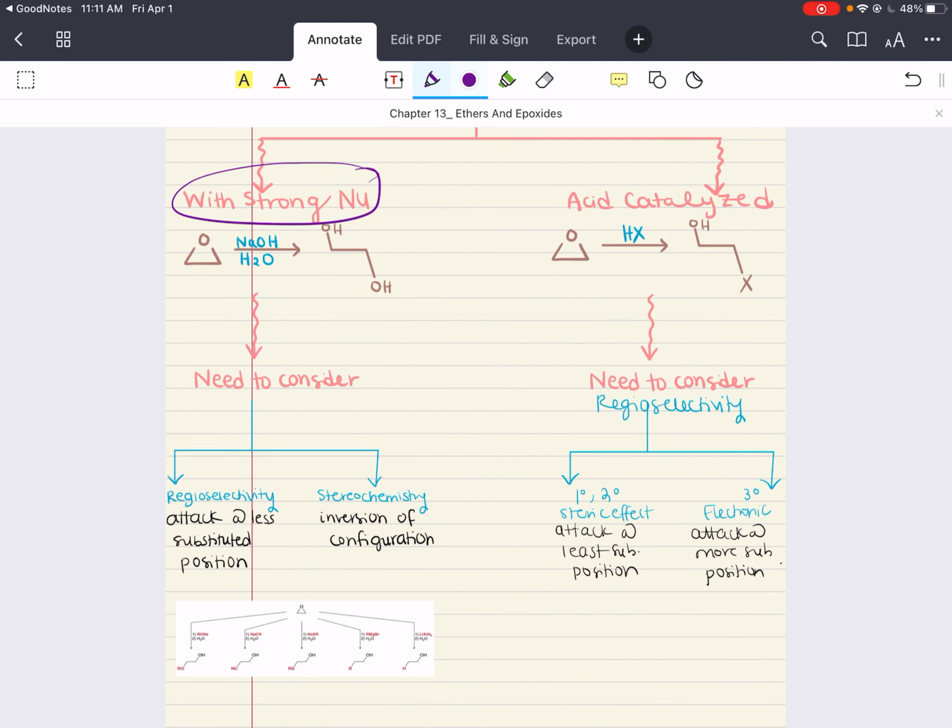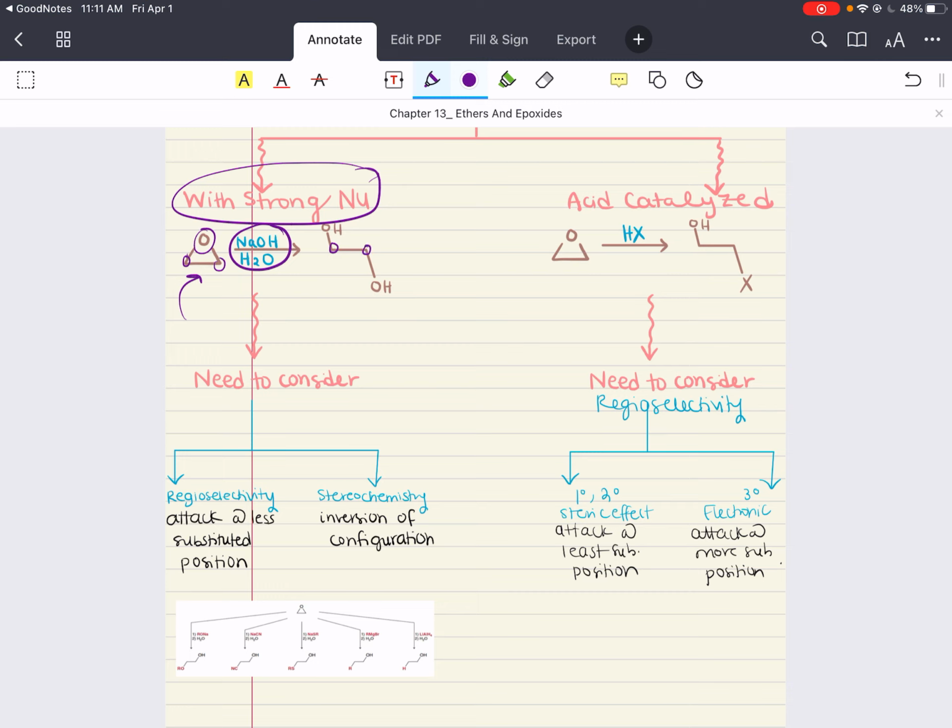Now, one way to do this ring opening of an epoxide is using a strong nucleophile. When an epoxide is subjected to an attack by a strong nucleophile, say sodium hydroxide, a ring opening reaction will occur. Your ring will open. You're going to preserve these 2 carbons.